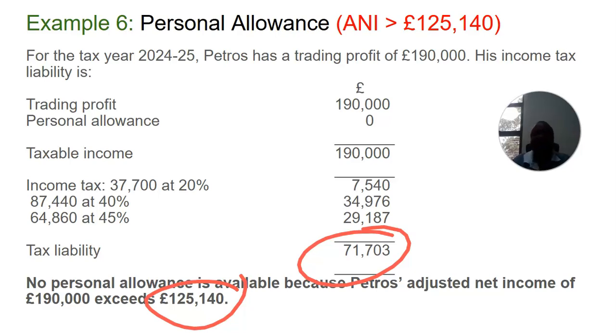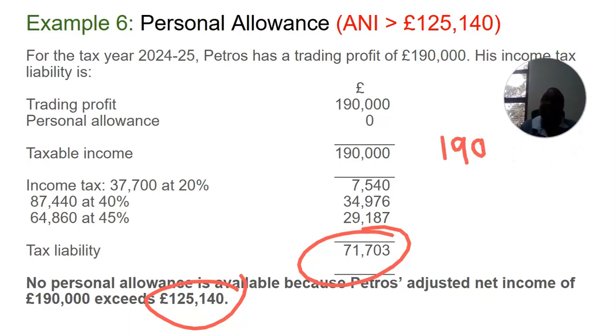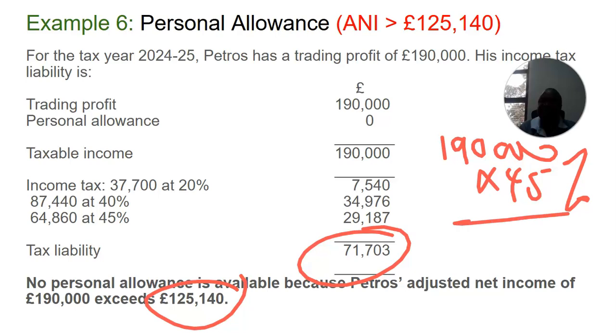So let us see the error which could have happened if we had straight away charged 190,000 at 45%. How much tax would this guy have paid? 190,000 multiplied by 45%, he would have paid 85,500.